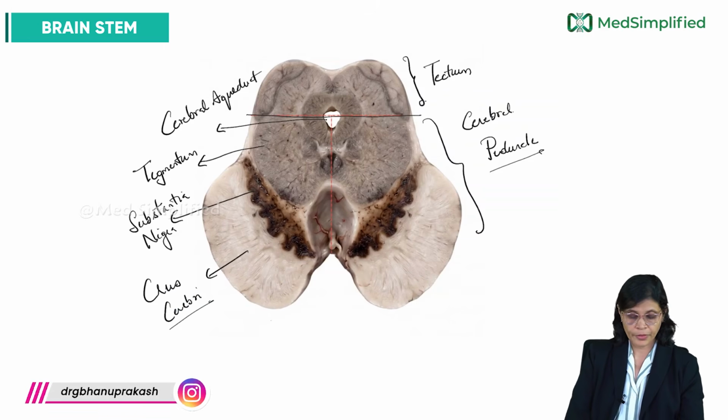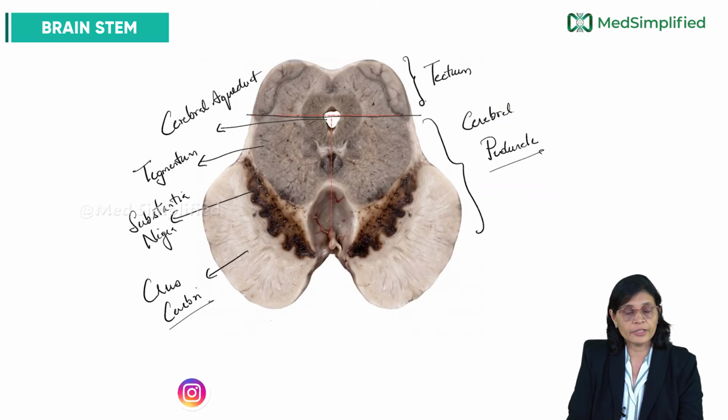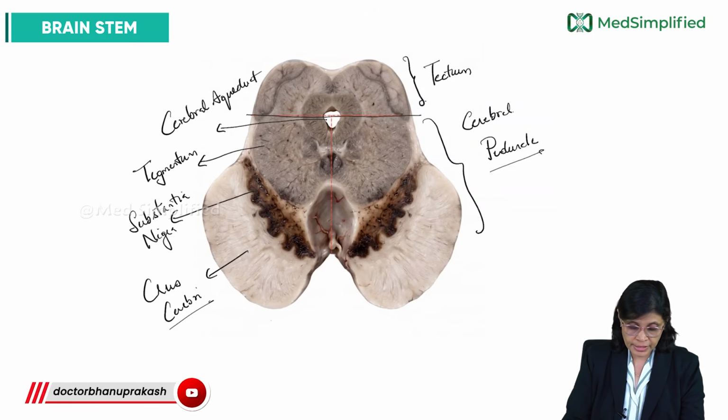These are the three portions which make up the cerebral peduncle. In the tectum part we will have the four colliculi, that is a pair of superior and a pair of inferior colliculi. This larger anterior part will be divided by this vertical plane here.